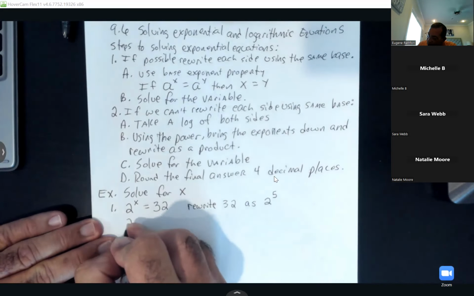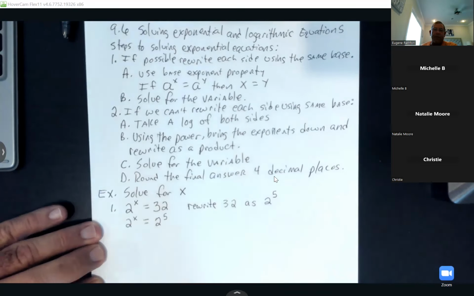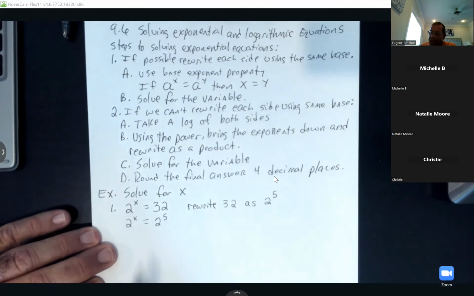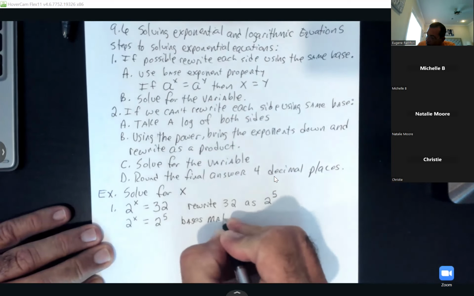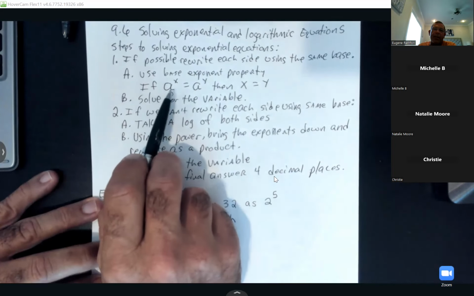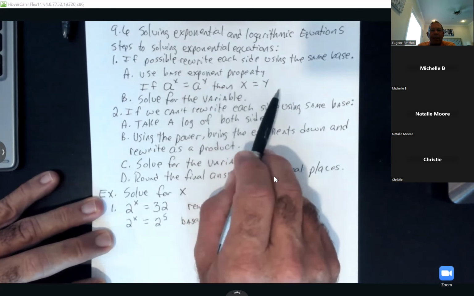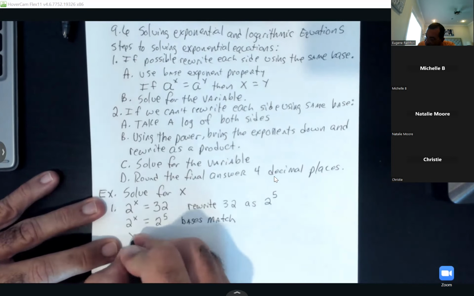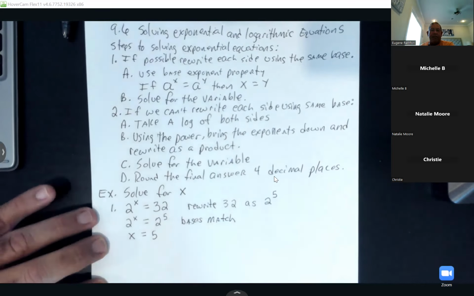So I'm going to come down and do my 2 to the X equals 2 to the 5th power. Well, my bases match now. So since my bases match, we had a property up here that said if your bases match, then your exponents have to be equal. So that means that this exponent of an X has to equal this exponent, which is a 5.